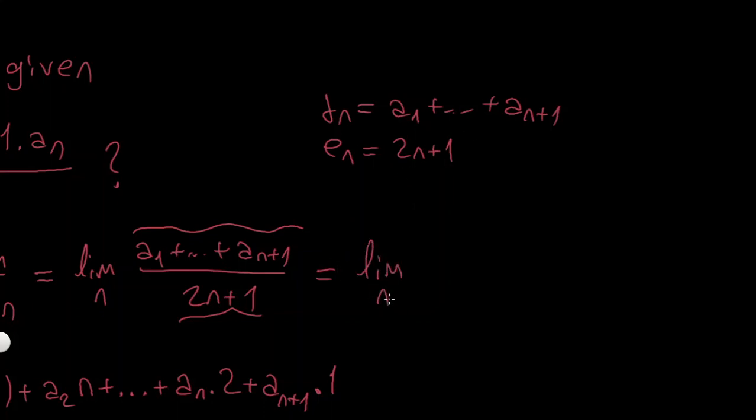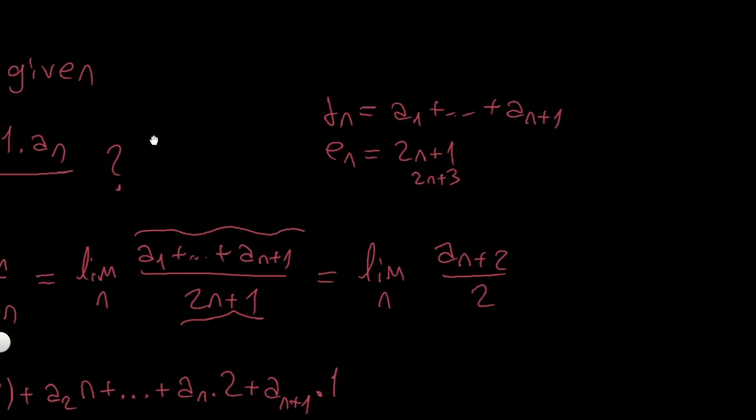Limit as n goes to infinity of dn plus 1 minus dn, which would give me just the last term, a n plus 2, over en plus 1 minus en. Instead of n, I put n plus 1, so it's going to be 2n plus 3. And if I subtract them, I will get 2.